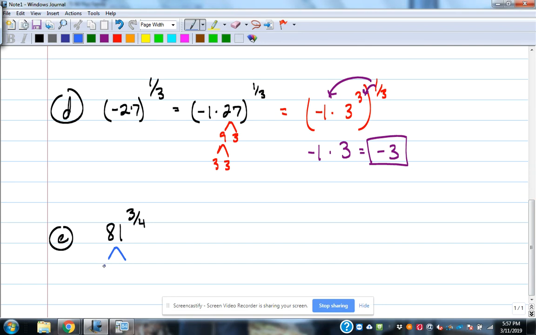81 is 9 times 9, right? That's one way to get 81. You could do 27 times 3 if you wanted to. 3 and 3, 3 and 3. So that's really 3 to the 4th power, and then it's all to the 3/4. So when you multiply these two exponents together, what's 4 times 3/4?